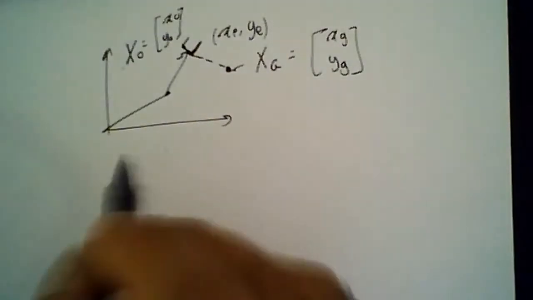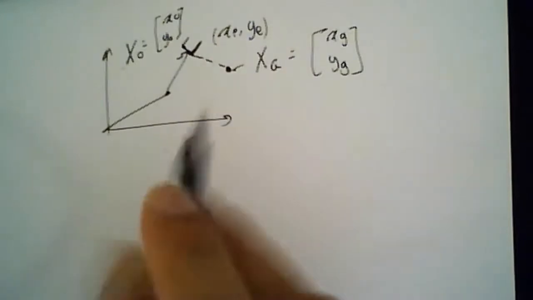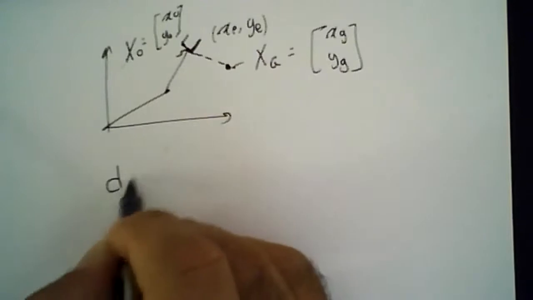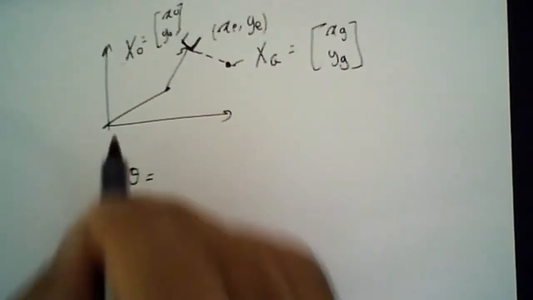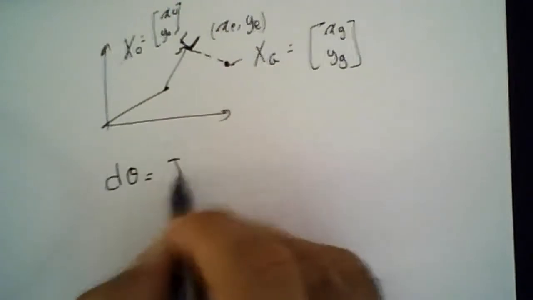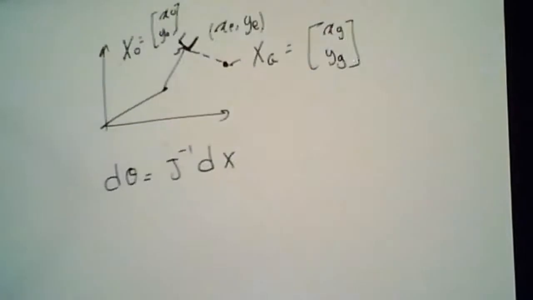So here's what I can do. I can iteratively use differential kinematics to solve this problem. We know that small changes in the robot joints, d theta, are related by the inverse of the Jacobian with respect to dx.